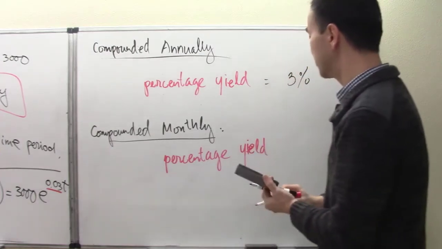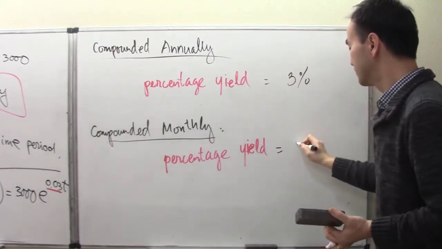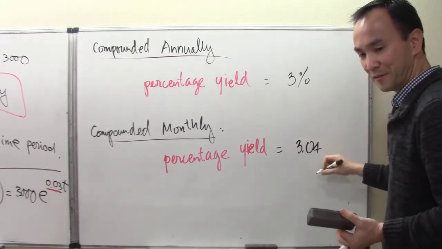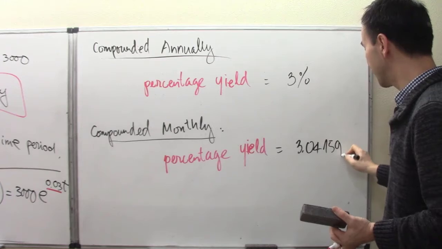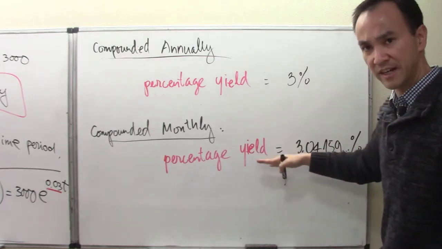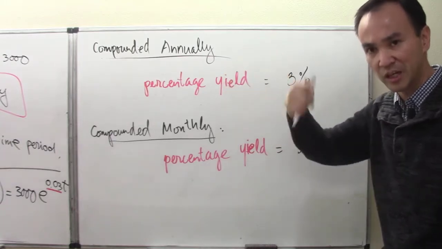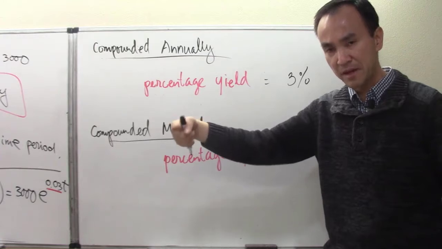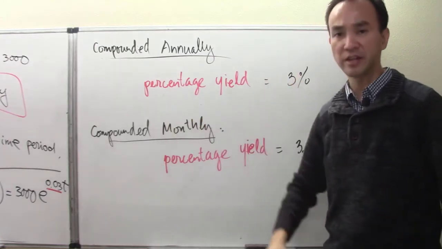The percentage yield is 3.04159 and a lot longer percent. So the percentage yield keeps getting higher and higher as we increase our number of compounding periods per default time period.